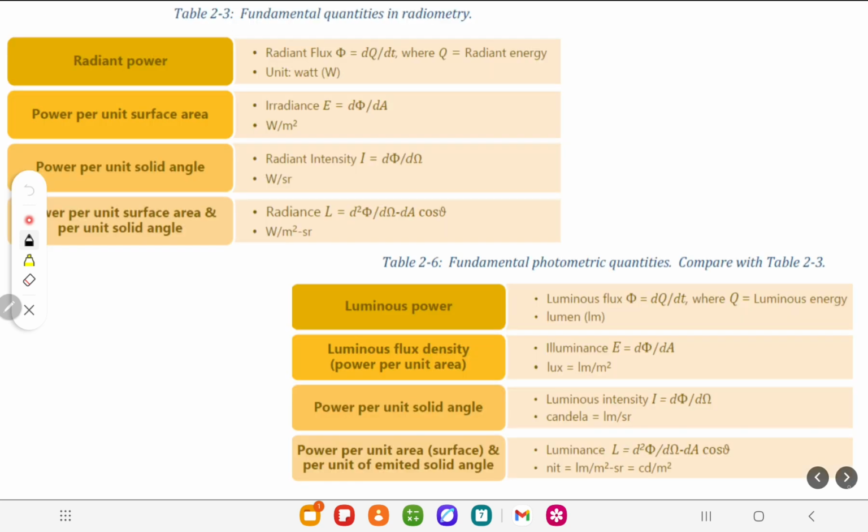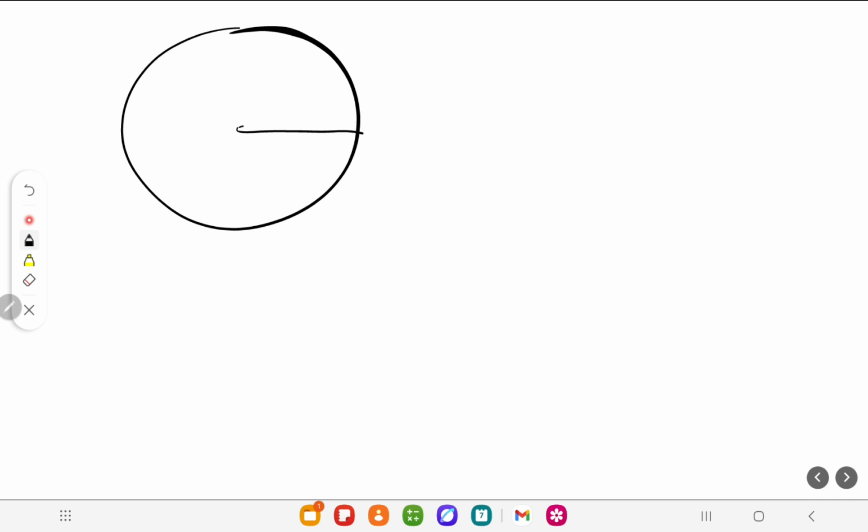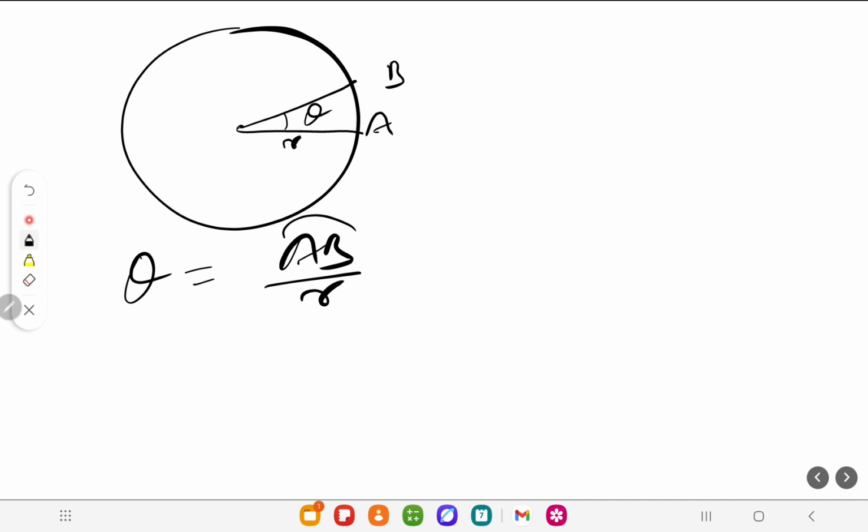Let's take an example to show the calculation. If A and B, and this is the angle theta, and R is constant, then the angle theta is the arc AB divided by R. Let's do the integration, 0 to infinity.